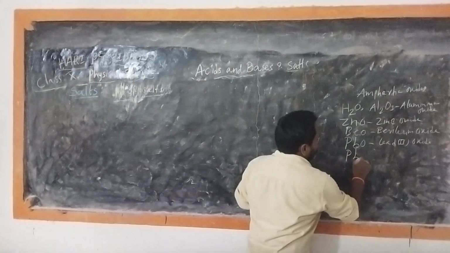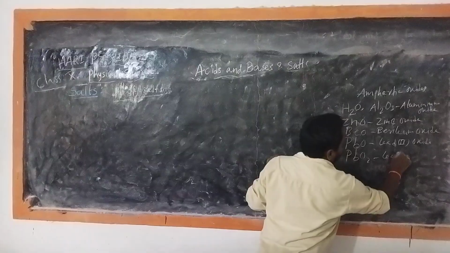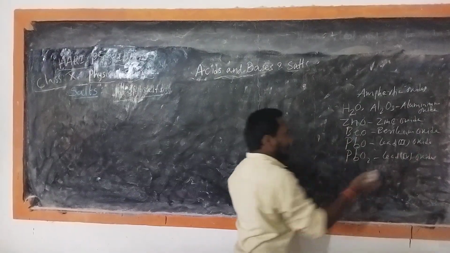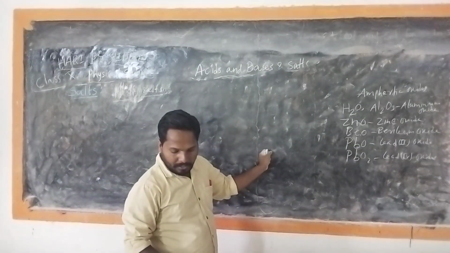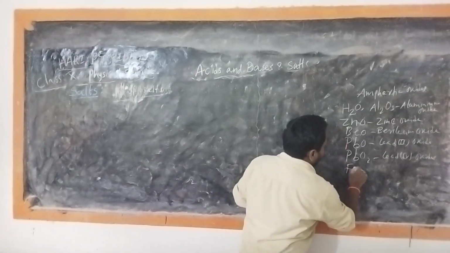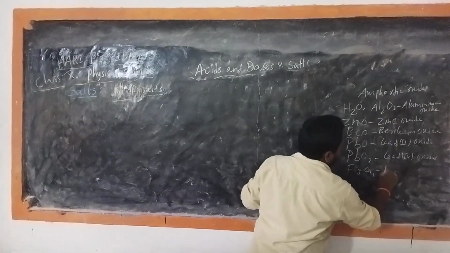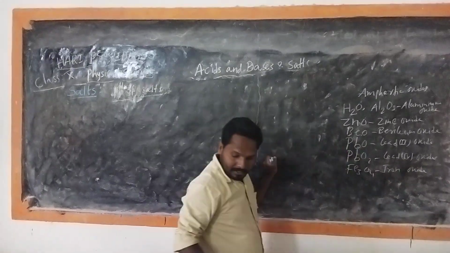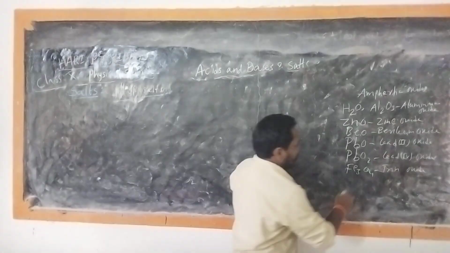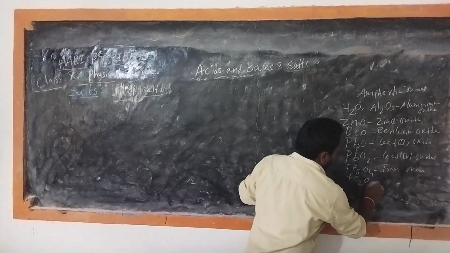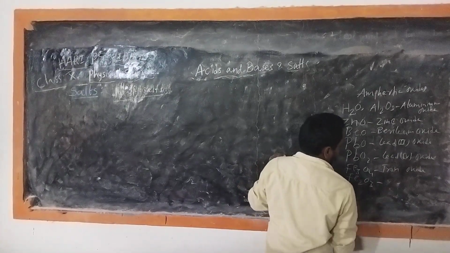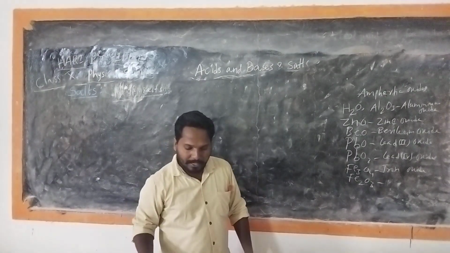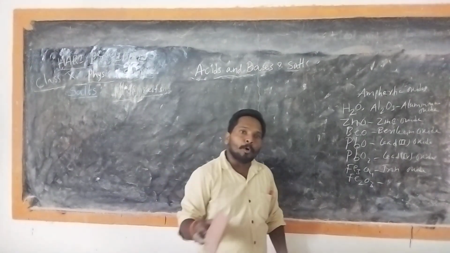PbO2, lead dioxide, is lead 4 oxide. Similarly, iron oxide Fe3O4, and Fe2O3 also.